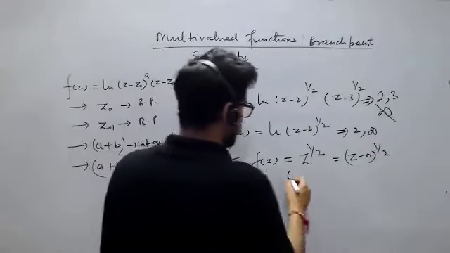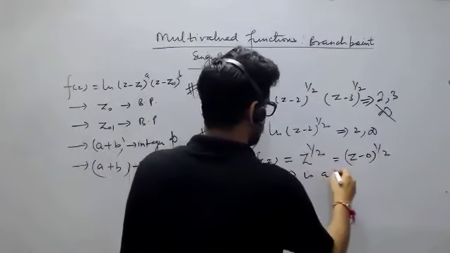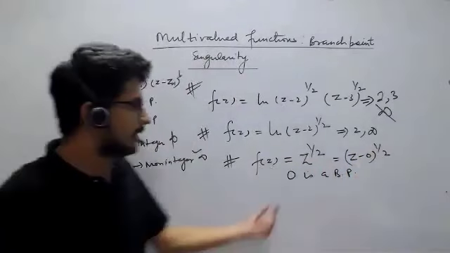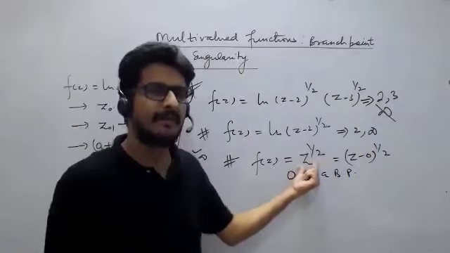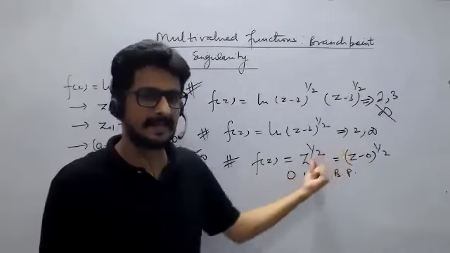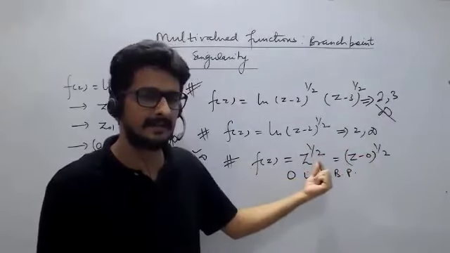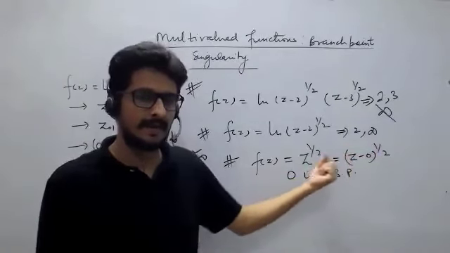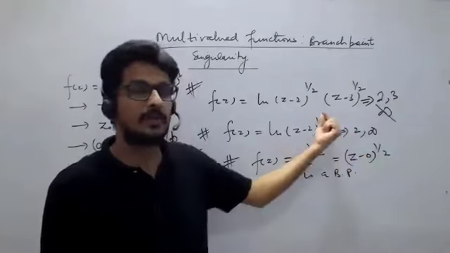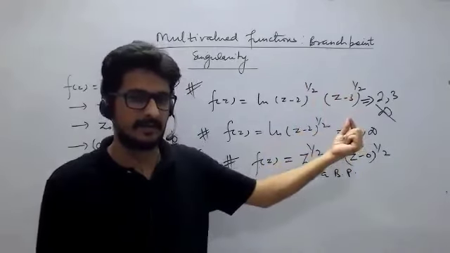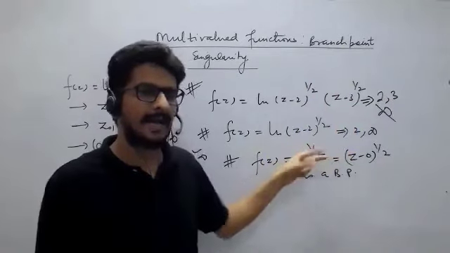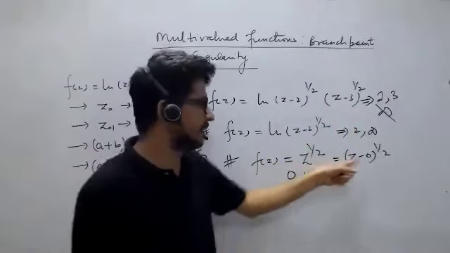So 0 is a branch point. Because if I write z to the power half is equal to omega, suppose in some omega space, so omega square will become z. That means the value of omega can be under root z and minus under root z. Are you understanding? So that also becomes a multi-valued function because of this 0.